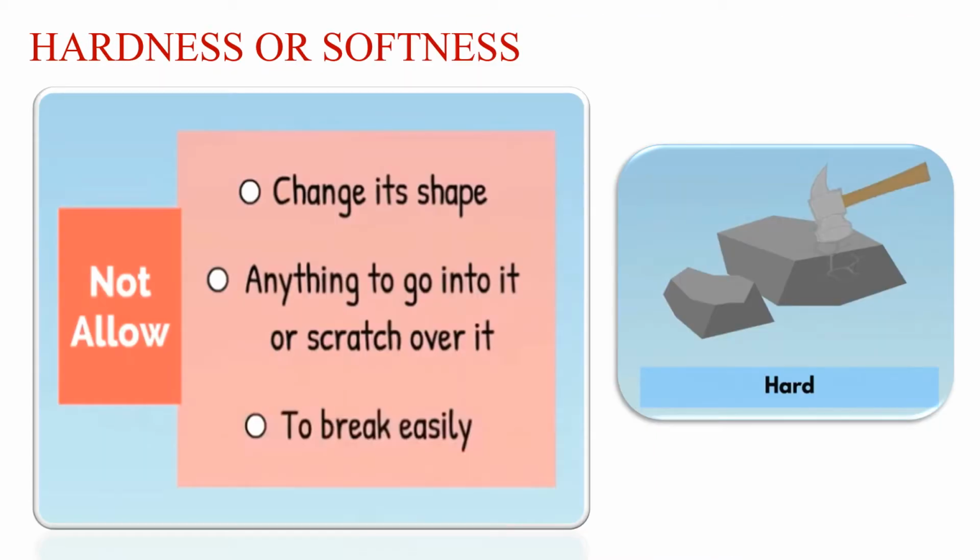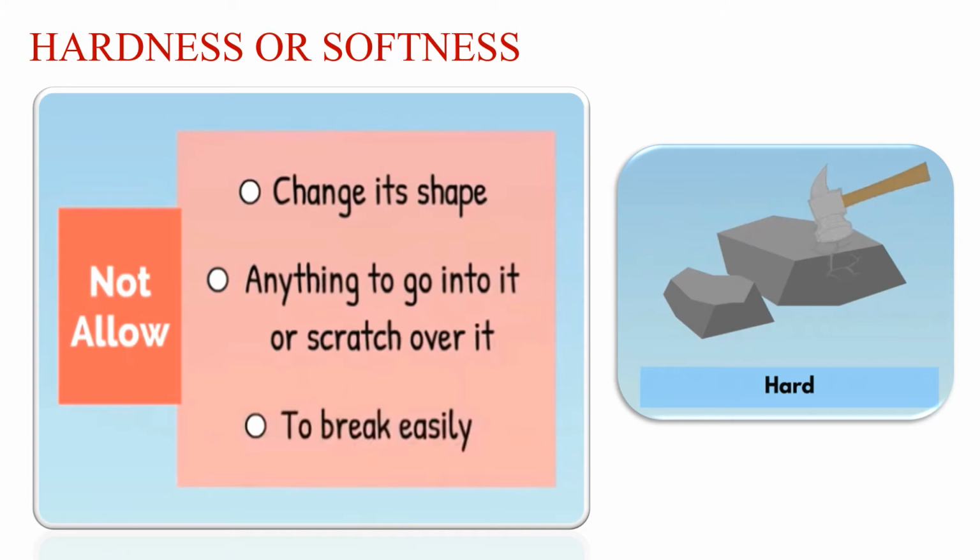The next property is hardness. When you press different materials with your hands, some of them may be hard to compress while others can be easily compressed. With the term hardness, we mean that the material does not allow its shape to change. The material does not allow anything to go into it or scratch over it.